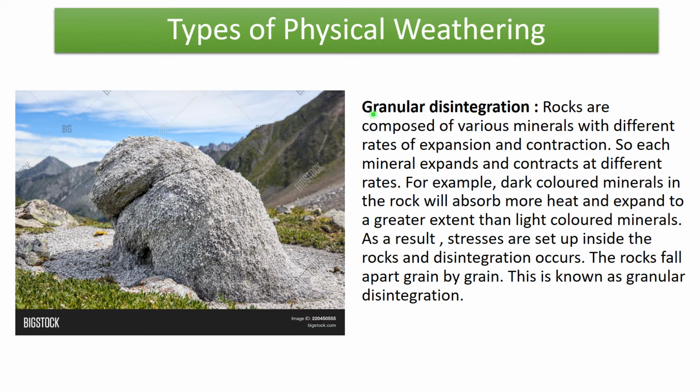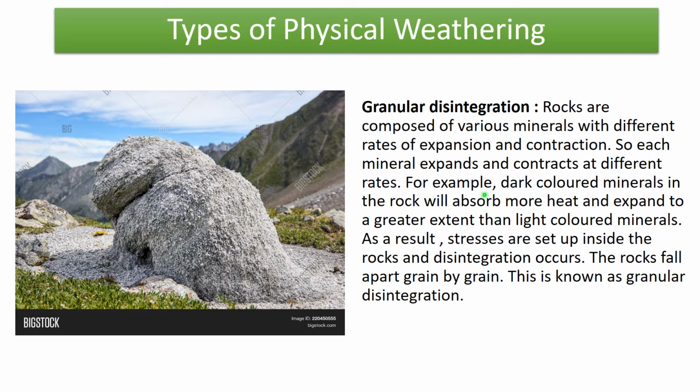Next is granular disintegration. As all of you know, rocks are composed of various minerals with different rates of expansion and contraction. So each mineral expands and contracts at different rates.